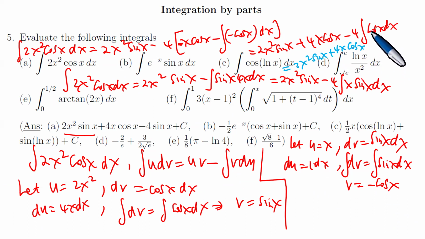The integral of cosine is sine, so it's minus 4 sine x. So we got 2x squared sine x plus 4x cosine x minus 4 sine x.